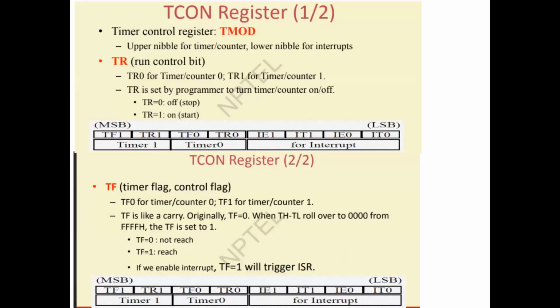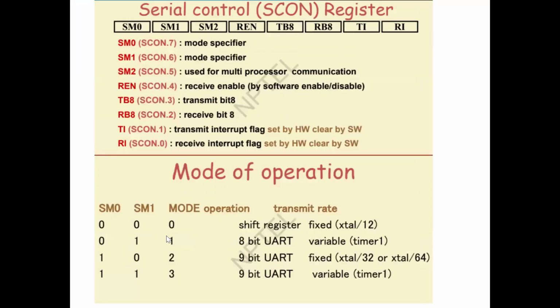Okay, this is the timer control register, TCON, with IT0, IE0, IT1, IE1. While we go through the theory, we will come back to this. And this is SCON, the serial control register. We don't have separate serial registers in 8085.